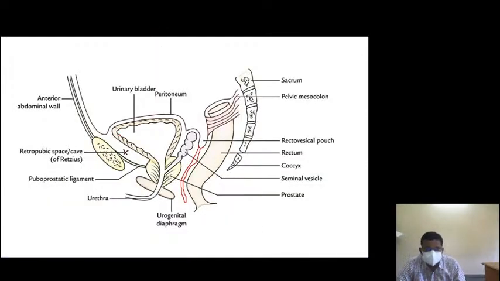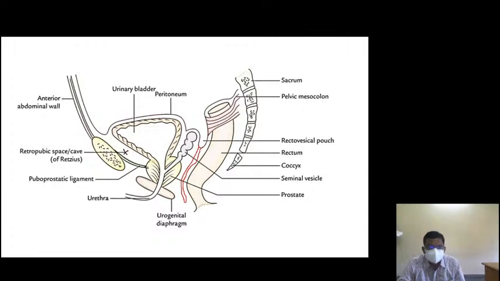This is a prostate, and what is BPH, benign prostatic hypertrophy? This is a common problem seen in middle-aged and even younger people, but more commonly seen in elderly people. During benign prostatic hypertrophy, the median lobe, which is seen here above the ejaculatory duct, is the region which gets inflamed or enlarged in size.